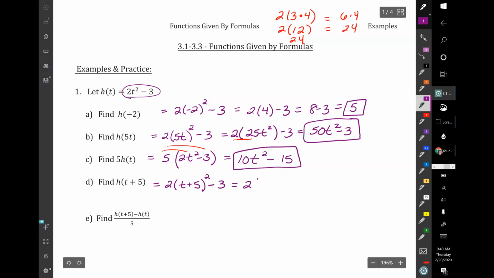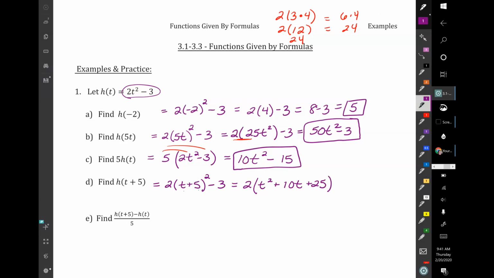So I'll have 2 and then quantity t squared plus, that's going to be 10t, because remember I multiply the two terms and double it. So we'll get 10t there in the middle, and then plus 5 squared, which would be 25. So remember, when you square a binomial, you're always going to have that middle term.